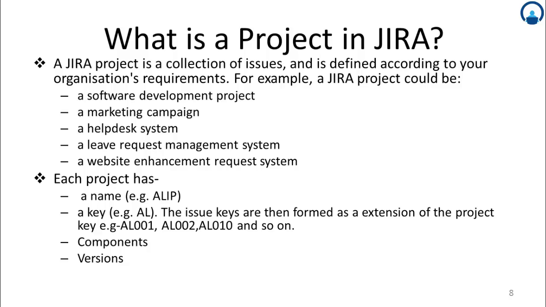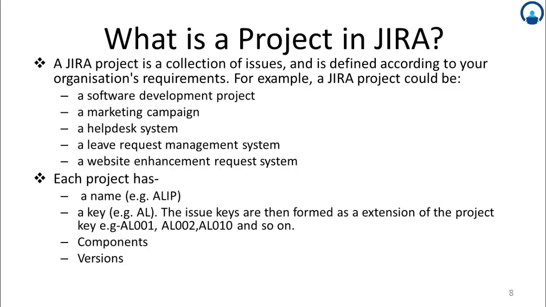So if it's an IT company using JIRA for software development project tracking, then the name of that project itself becomes the JIRA project. For example, a software development project of a banking application will have the name as ABC Bank. So this ABC Bank becomes the project name in JIRA itself. Or a marketing campaign, like a consumer industry company like Godrej Soaps having a campaign for its cosmetics.